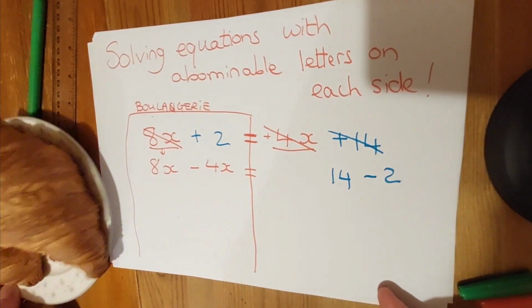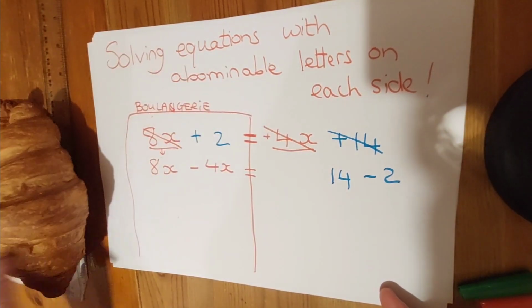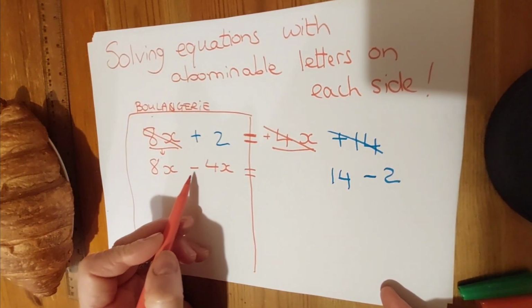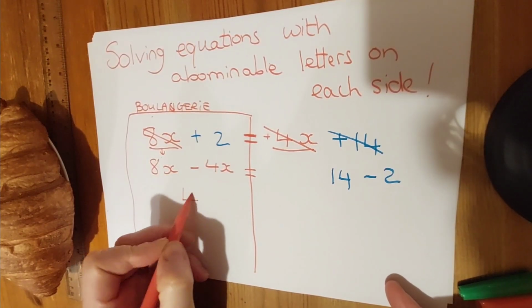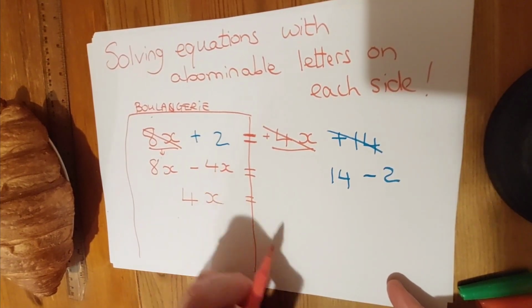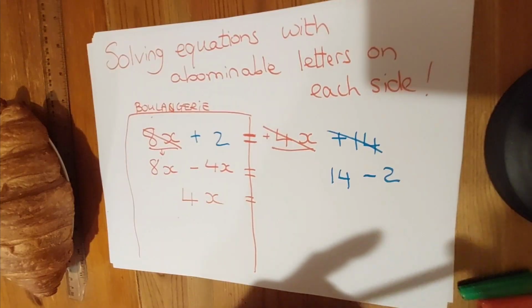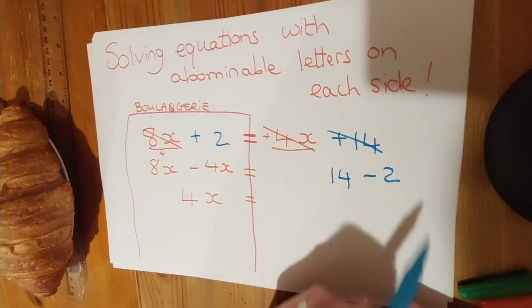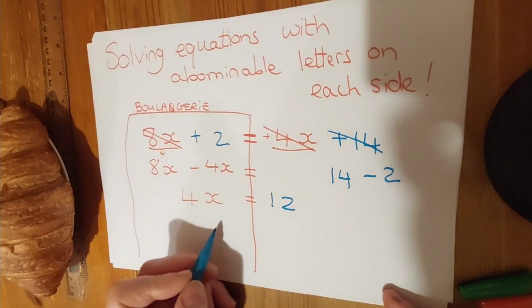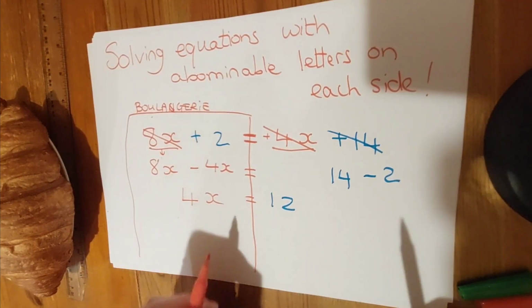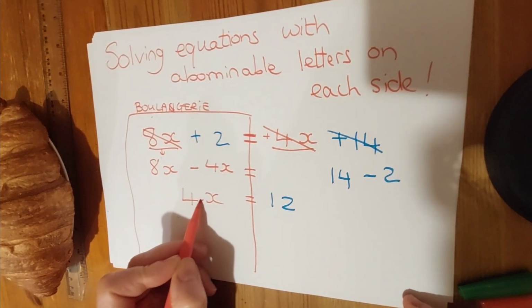Now, it's time to eat the croissants, okay? Okay, so 8 croissants minus 4 croissants is, everybody, correct, 4 croissants, or 4x. All right, and the money is 14, take away 2, that is 12, okay? So, now, all we have to do is remove that 4. 4 times x.